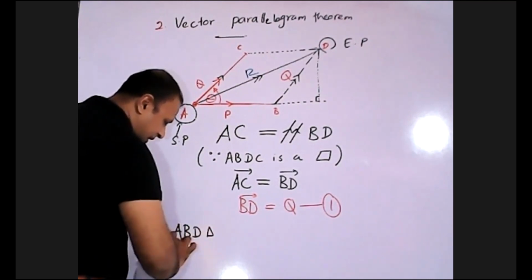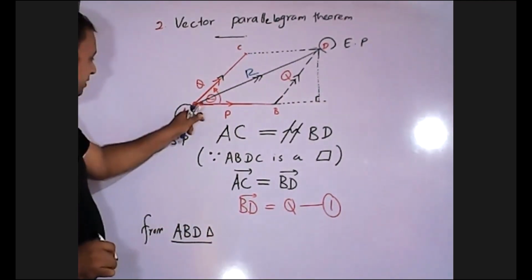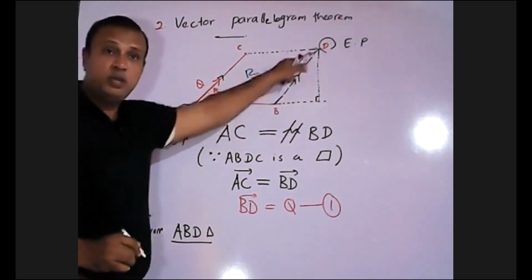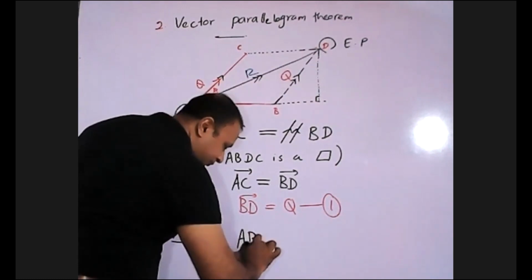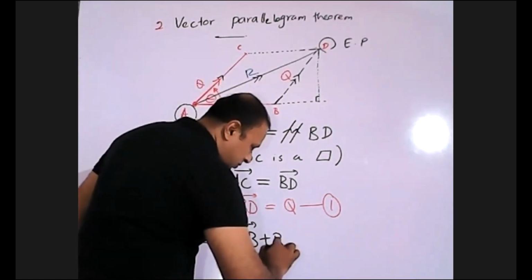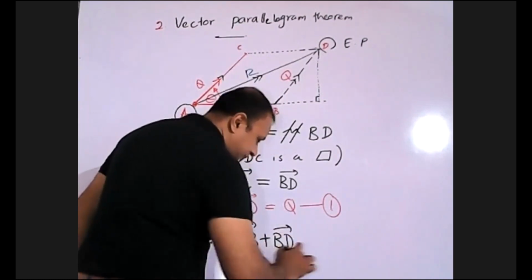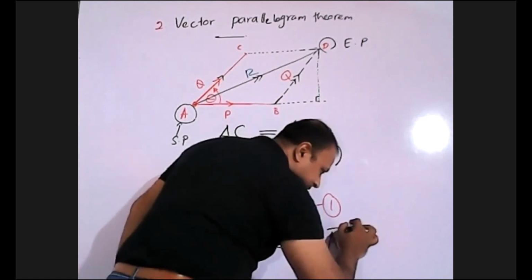From ABD triangle, I can write AB vector plus BD vector should be equal to AD vector.